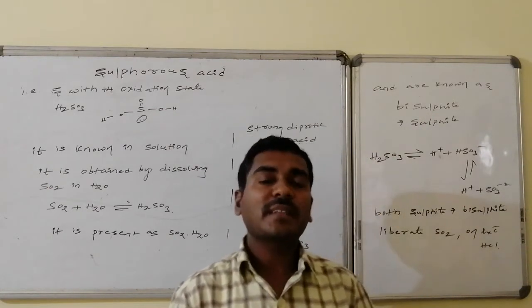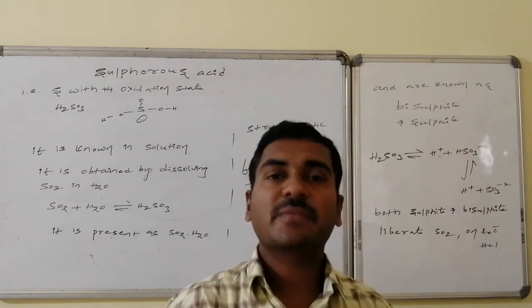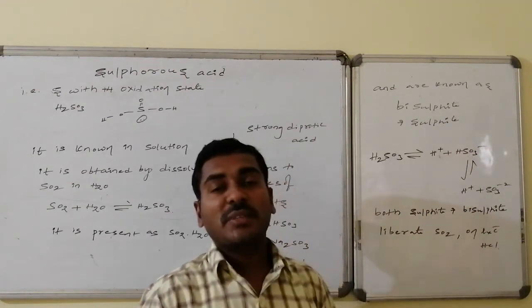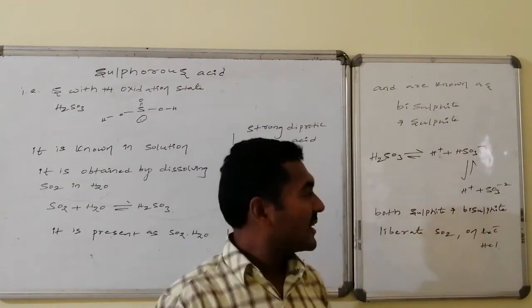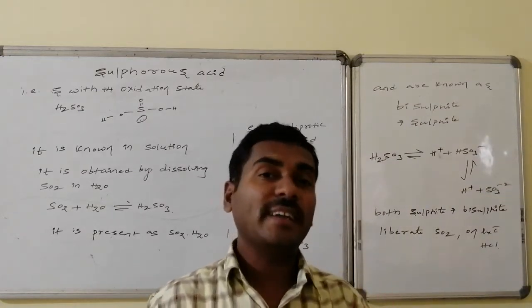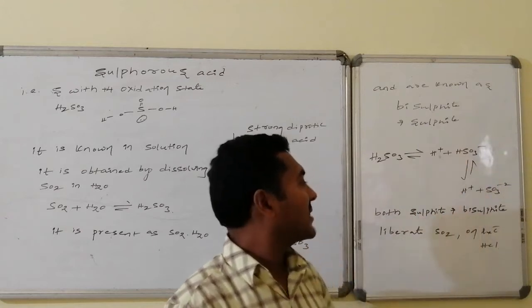It also loses that proton, leading to another H plus followed by SO3 2 minus. Thus HSO3 minus is the bisulfite, whereas the salts formed with SO3 2 minus are the sulfite.